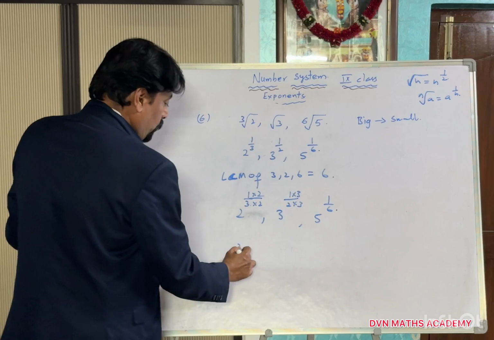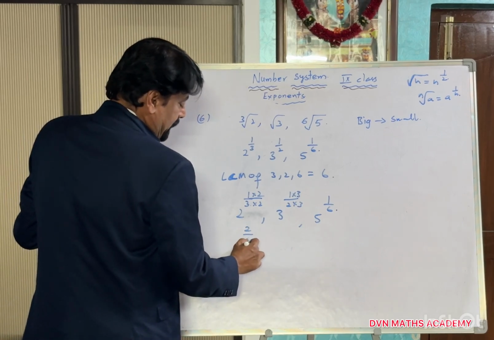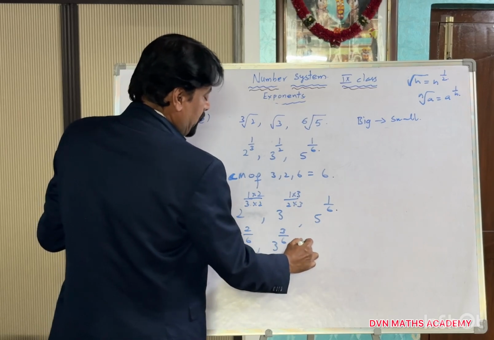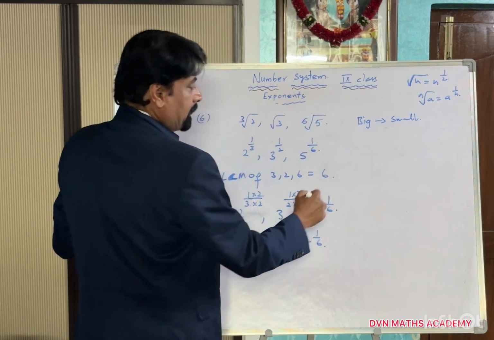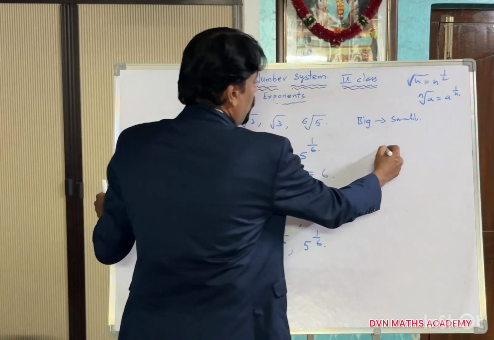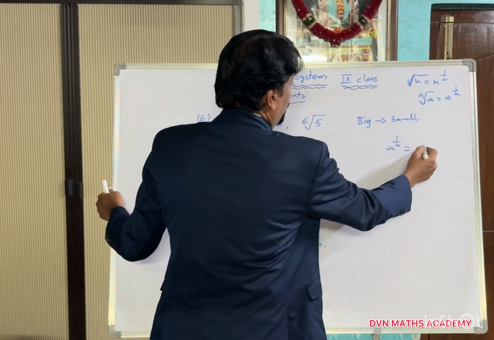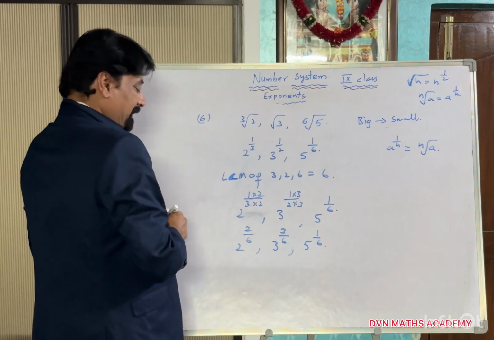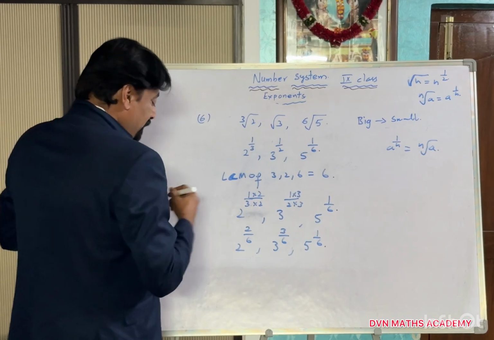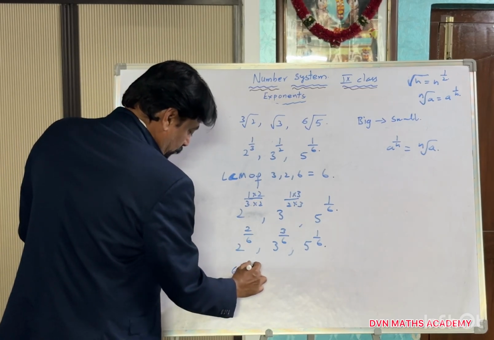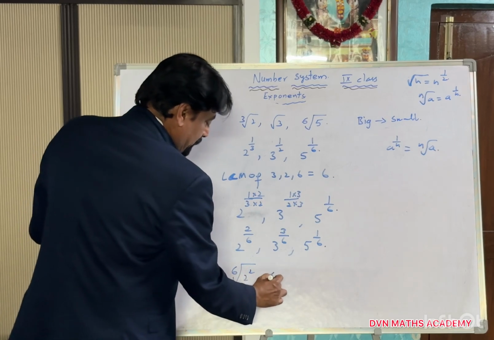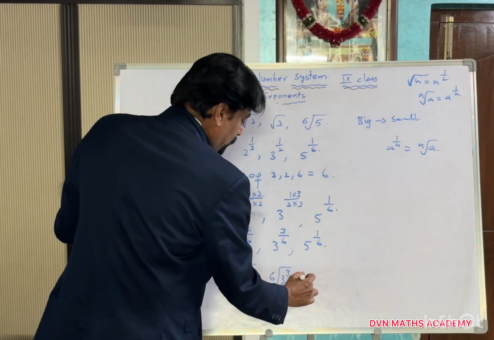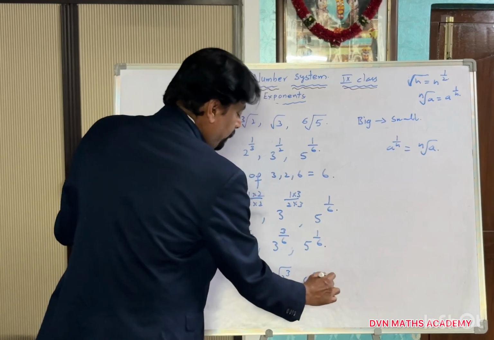Now this will be 2 to the power of 2 by 6, this becomes 3 to the power of 3 by 6, and this becomes 5 to the power of 1 by 6. Now a to the power of 1 by n is equal to the nth root of a. By using this, we can write the sixth root of 2 squared, the sixth root of 3 cubed, and the sixth root of 5.